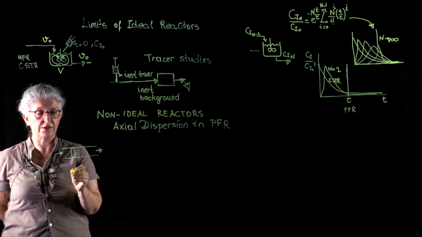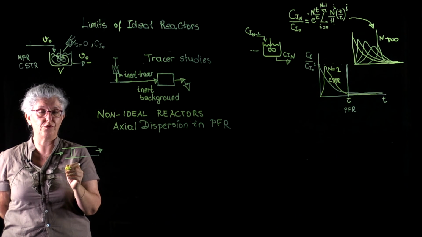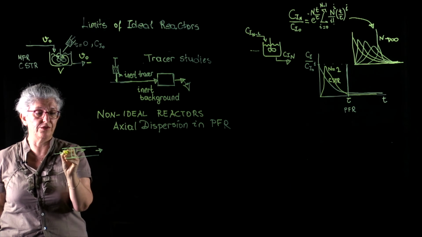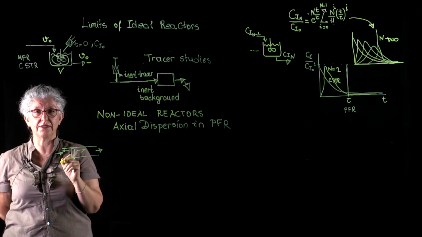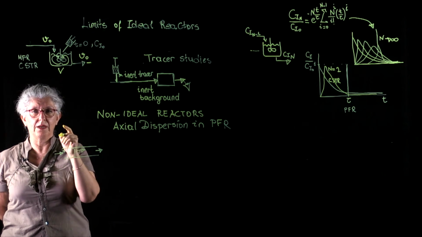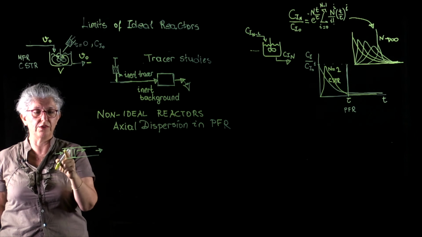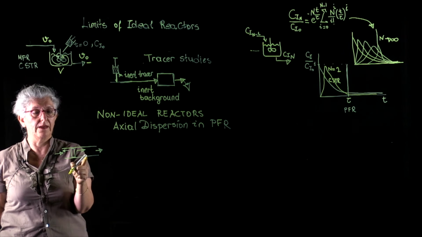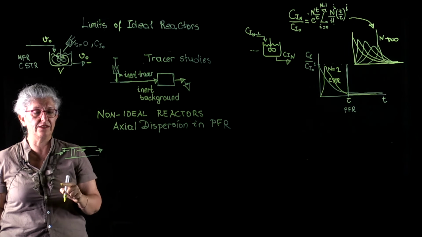However, in real situations, molecules can diffuse forward or backward depending upon the relative molecular motion with respect to the fluid velocity. So we might have gradients in either direction.